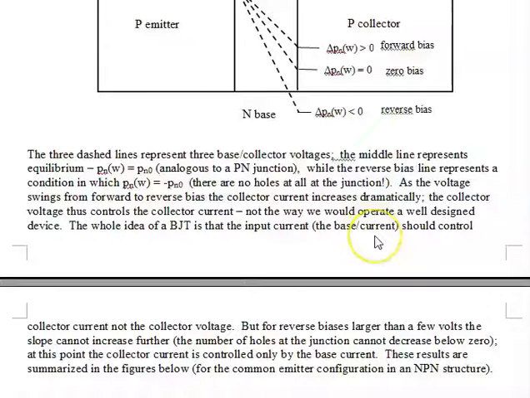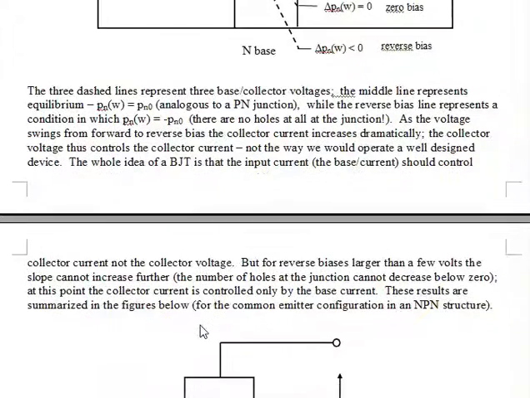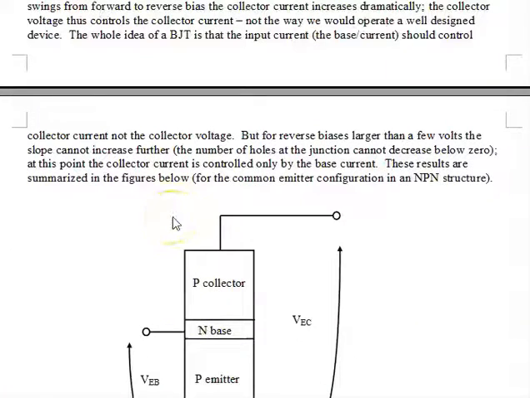The base emitter current should control the collector current, and the collector voltage should not control the collector current. And that is exactly what happens for reverse bias larger than a few hundreds of millivolts, not a few volts. You can get up to volts, but we start with a few hundred millivolts.